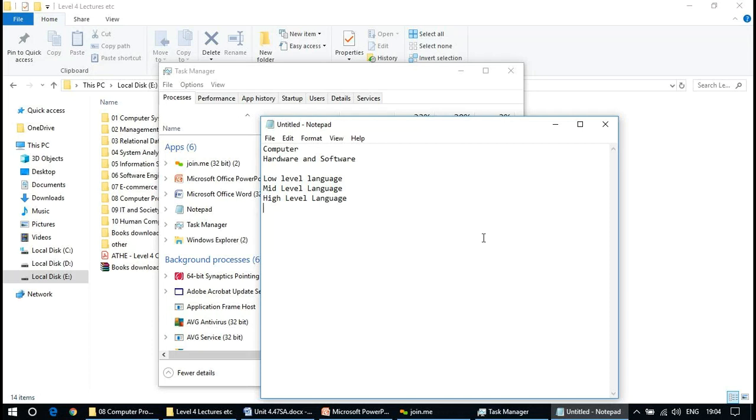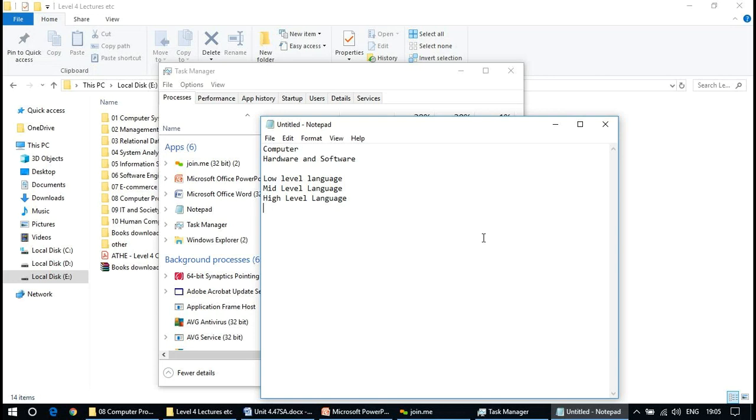and high level. Normally, initially when the computer was invented, or for example any digital device, like a calculator, we call it a computer because it can calculate or compute.